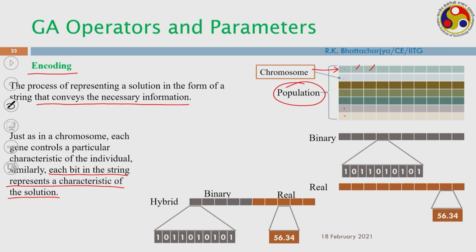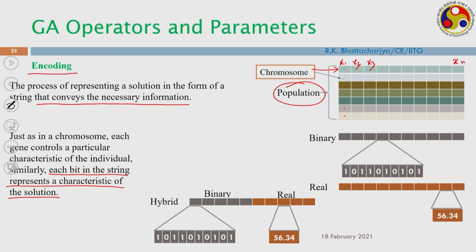Now, suppose each position represents a variable: this is x1, this is x2, this is x3, and so on up to xn. This may be a real value or a binary value.